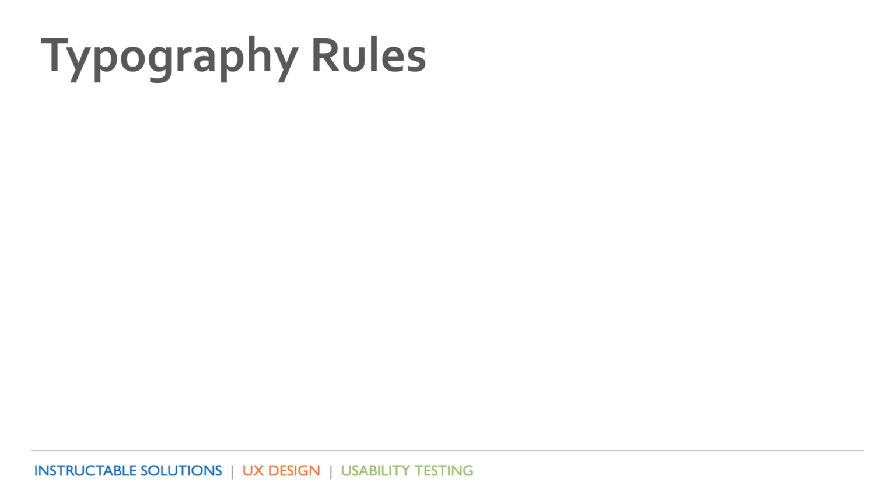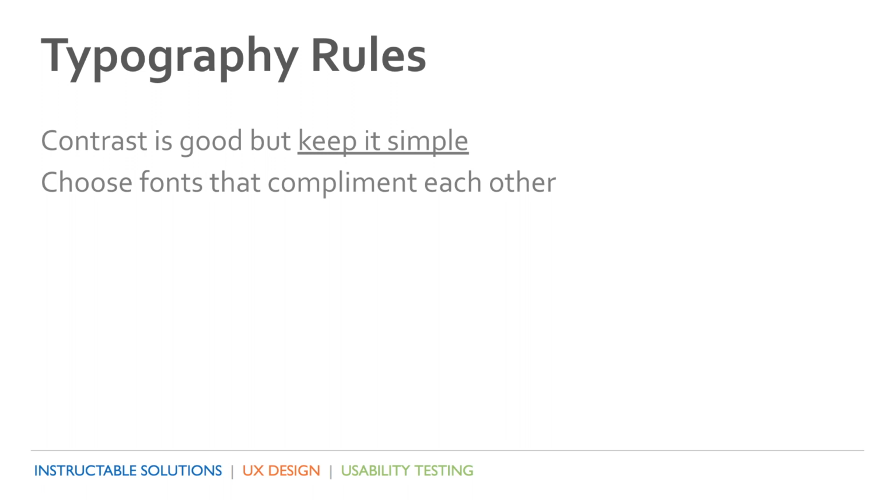Typography does have some rules. Using typography to infer contrast is good, meaning that if you have the opportunity, pairing different fonts together can create an interesting design palette. But be sure to keep it simple, especially if you're designing for small screens, because there isn't enough space to really create large-scale contrast between typography elements.